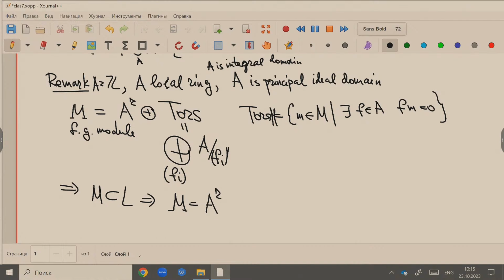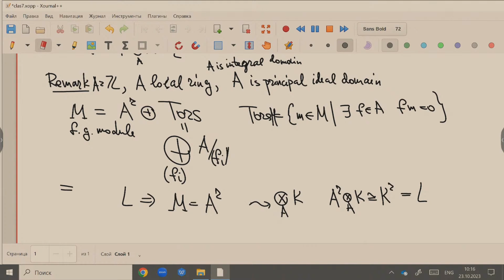Via this, if you tensor it by K over A, you will see that this module, isomorphic to A^r, will be just K^r, and this should be equal by our assumption. So maybe I shall put gamma here.